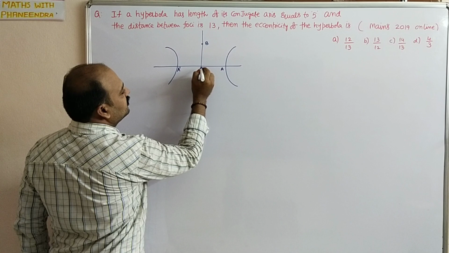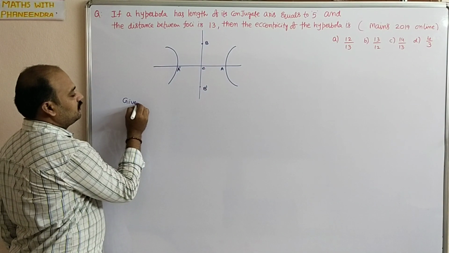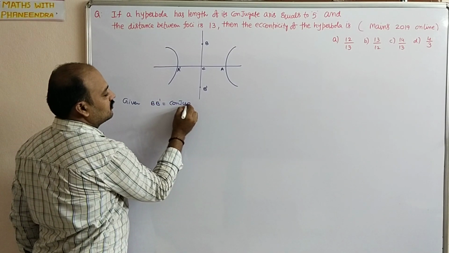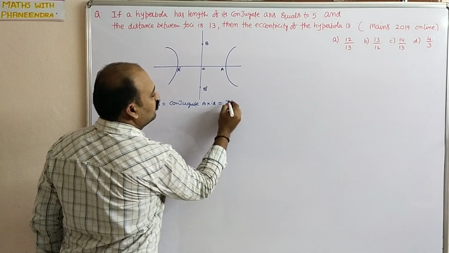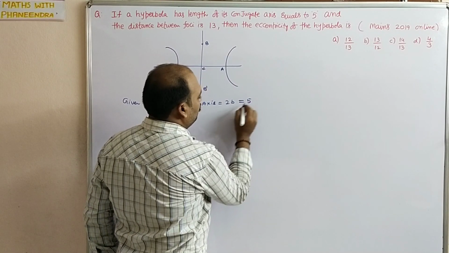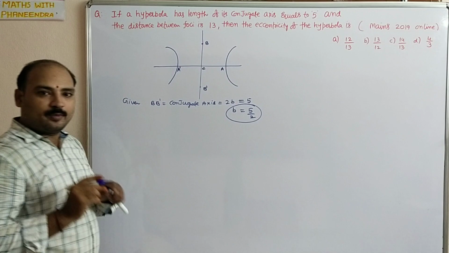A A dash is the transverse axis, center is C. Given B B dash the conjugate axis, that is equal to 2b. That length is how much is given? 5. So b is equal to 5 by 2. So we got the b value.